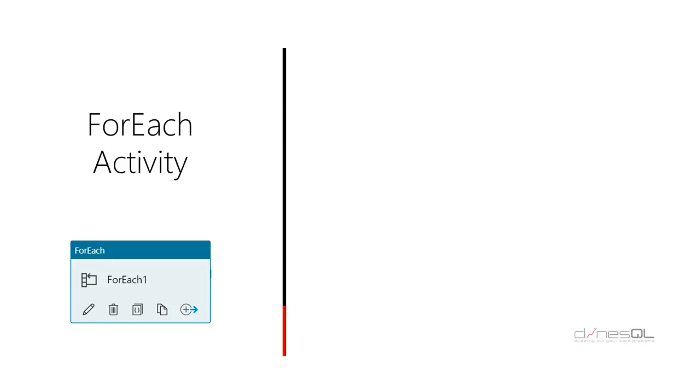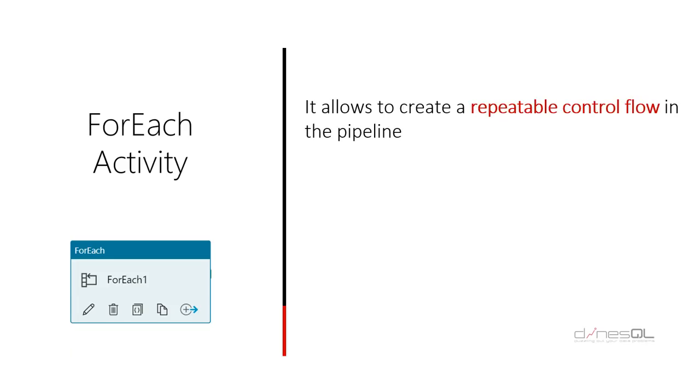Now let's try to understand the for each activity. The for each activity allows you to create a control flow. It is something like creating a data flow in the SSIS control flow. You can add a data flow into the control flow and go into it and configure multiple tasks. It is very similar. So you can drag and drop the for each activity to your canvas, and then you can configure your operation inside it.